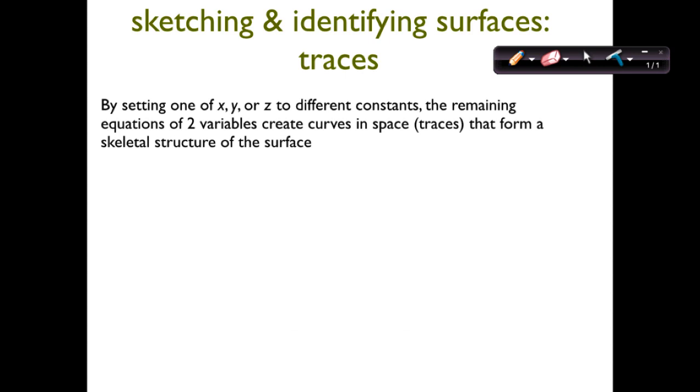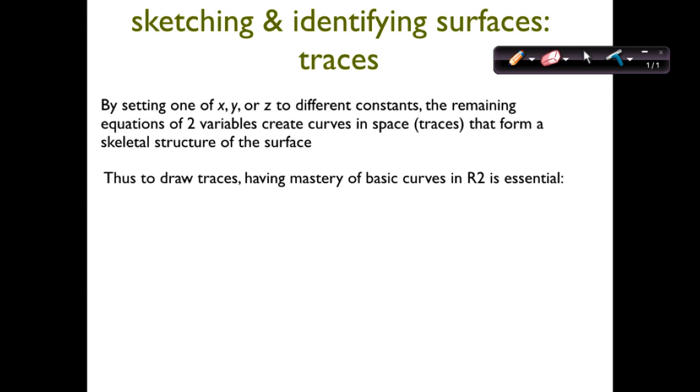By setting x, y, or z to different constants, the remaining equations of two variables create curves in space called traces. And lots of those traces will form kind of a skeletal structure of the surface. Okay, don't write that down word for word. Just get the idea. Okay?